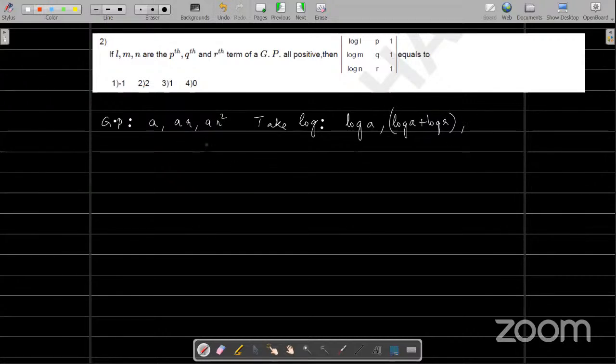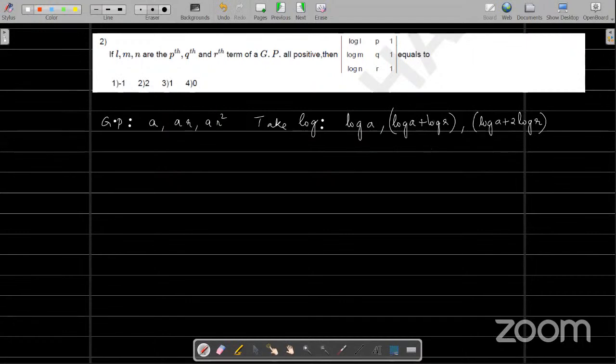And the next term will be log of A into R square, which will be log A plus 2 log R. These are the basic rules of logarithms that we have already employed and understood, right?